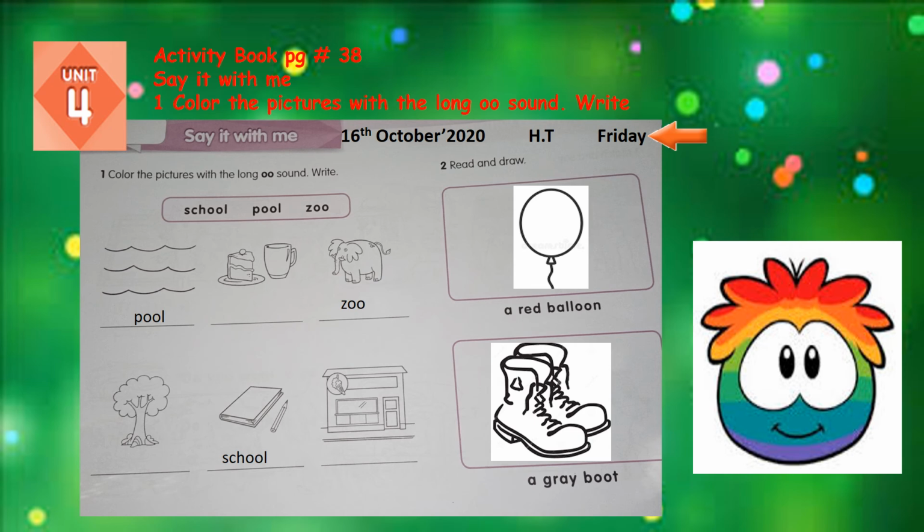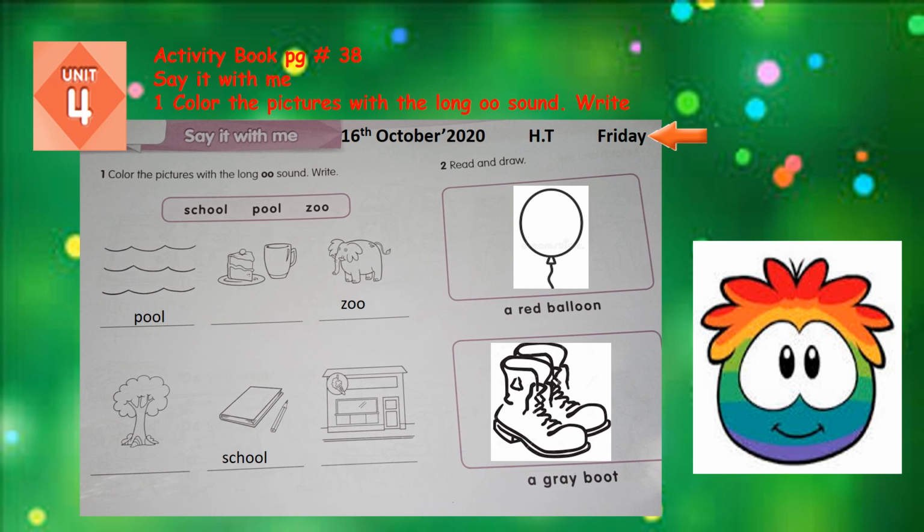Look at the first picture, that is about waves. And the other picture is a piece of cake with a cup of tea. And then elephant, tree, book with a pencil. And then ice cream shop. You have to look at the picture and then write the long oo words under the picture.